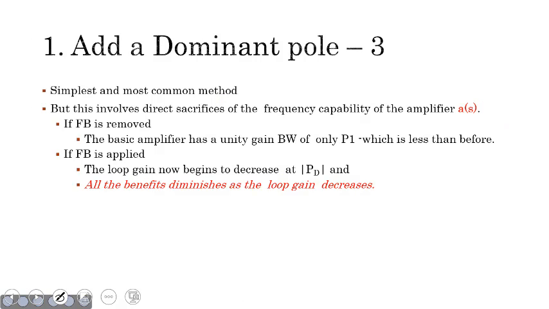And in general, all of the benefits get further decreased when we further reduce the loop gain. So what do I mean by this reduction in the loop gain? Say, for example, if we have a beta factor lesser than 1, then we would end up with a further reduction in our performance, right?